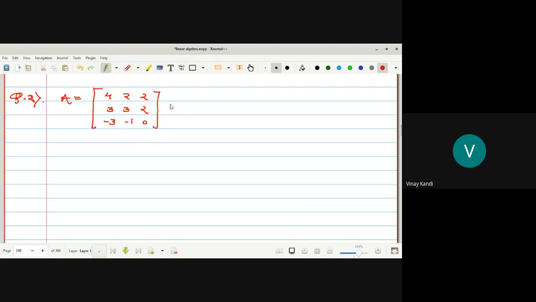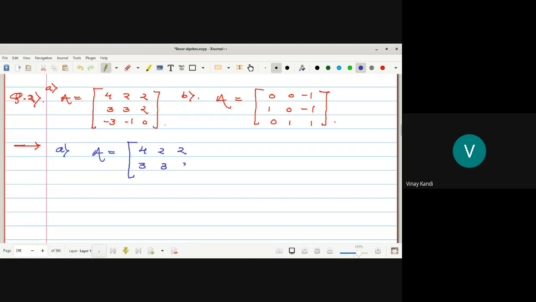And the second one, this is A. We will solve A and then B. Solution: capital A is equal to 4, 2, 2, 3, 3, 2, minus 3, minus 1, 0.